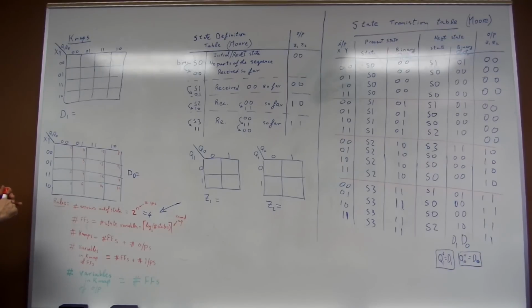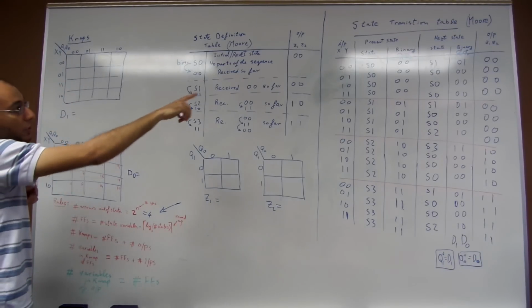For the K-maps, how do we fill them in? The easiest way that I recommend is that you number the cells of this K-map according to these numbers.